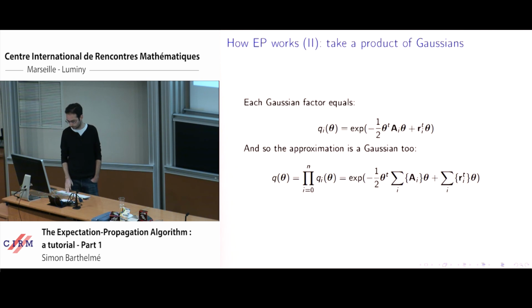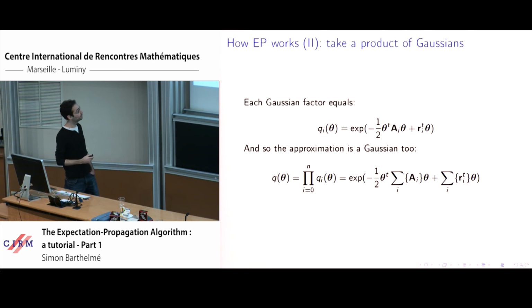So I have a product of Gaussian factors. For my Gaussian factors, I'm going to use slightly different notation than the one you typically see, which would have a mean and a covariance. All my Gaussian factors are going to be written as, of course, still quadratic, where A_i is a precision matrix, and R_i doesn't really have a name in the literature, so we decided to call it a linear shift, because that's what it does: it shifts the distribution.